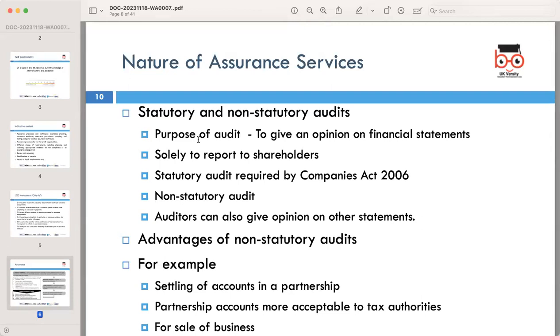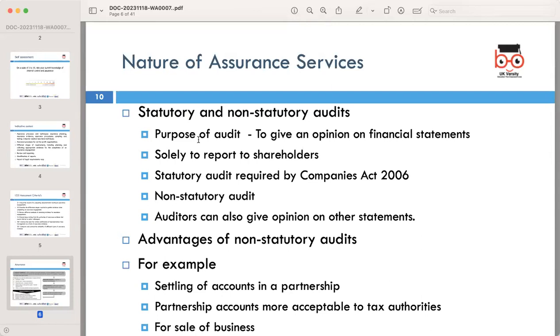Advantages of non-statutory audits. When we talk about why a company might choose a non-statutory audit, it's like having a bonus checkup. One advantage is when a business wants to settle its accounts in a partnership, it's like making sure everyone in the partnership agrees on the numbers. Another example, let's imagine you want to sell your business.